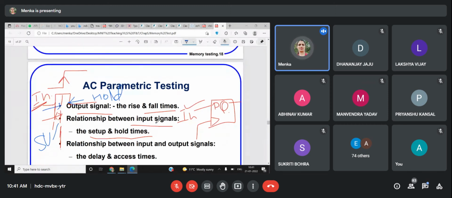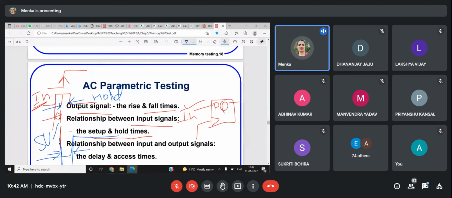Okay, so you have to find the relationship between setup and hold time. The relationship between input and output signals means how much delay and access time there is. For example, this Q will not change at the same edge, but it will be delayed by the time taken by the delay flip flop.